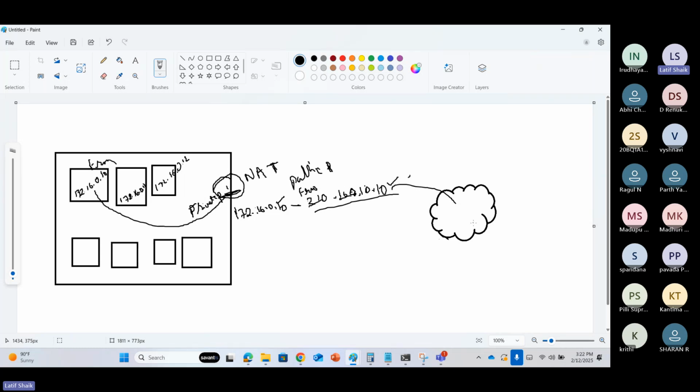When you are communicating outside or communicating from outside, use public IP. So NAT is a technique to map your private IP to public IP. Guys, do you understand the concept of NAT? Yes, sir. Very good.